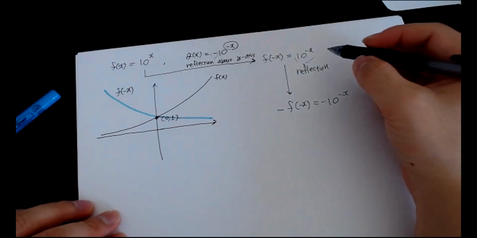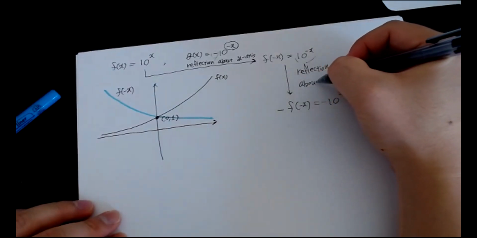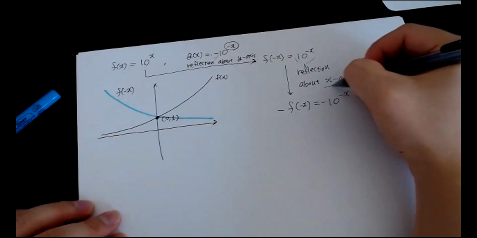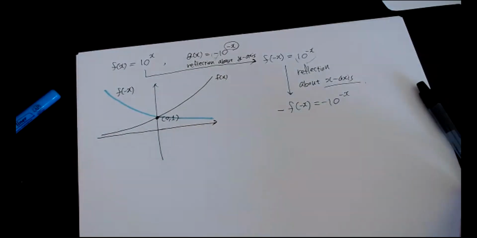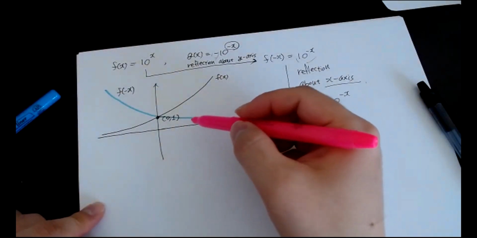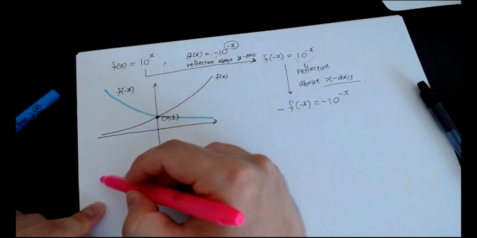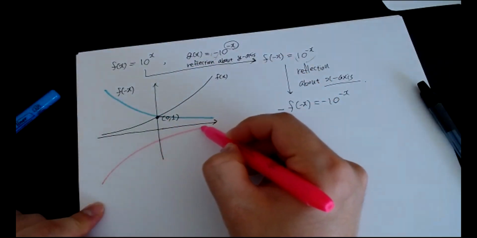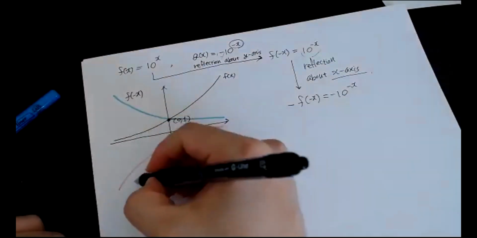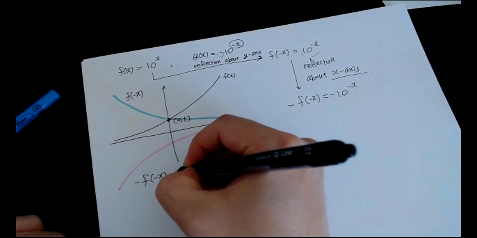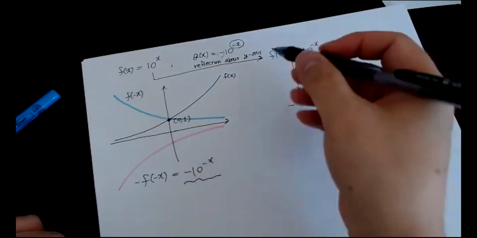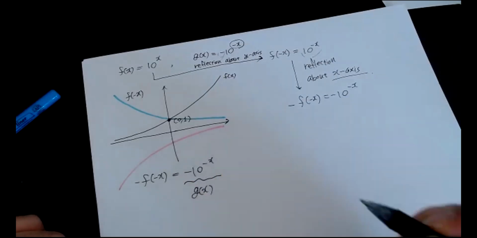So this is a reflection about the x-axis. I'll reflect the graph of f(-x) about the x-axis, and we get this. That's the graph of negative f(-x), which is negative 10 to the negative x. This is exactly the same as the definition of the function g(x).